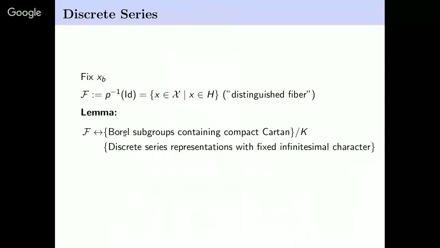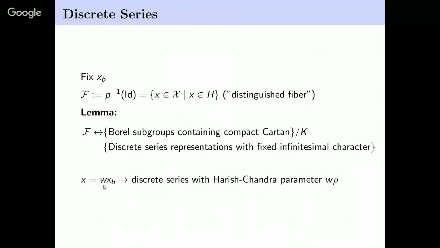Well, it parametrizes the Borel subgroups containing the compact Cartan, the K conjugacy classes of them. And if you think about it, that parameterizes the discrete series representations with a fixed infinitesimal character. For example, if you fix rho, the discrete series are parameterized by these Borels up to conjugation by K.